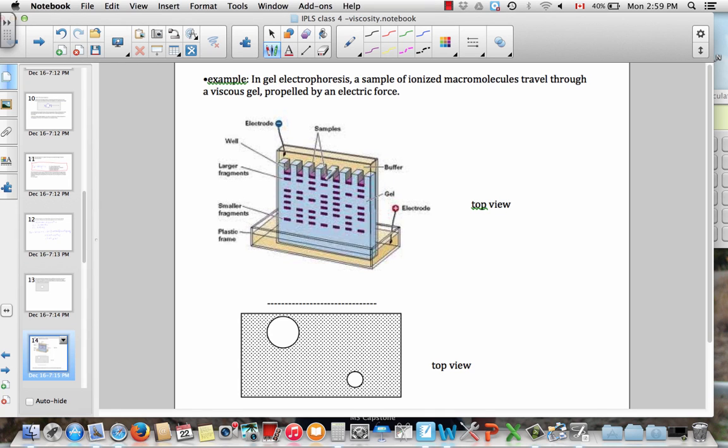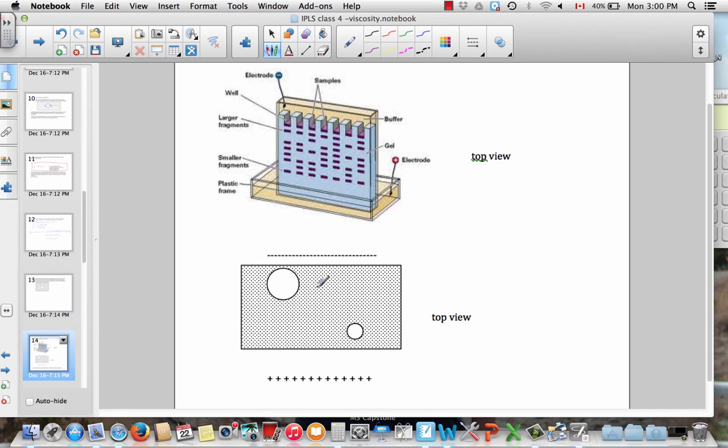And what will happen is these fragments of DNA are charged, and consequently, if you apply an electric field by, say, making the top negative here and the bottom positive, there'll be an electric force that will cause those fragments to move. So here we are in top view, and if these fragments are negatively charged, then there'll be an electric force on them like this.